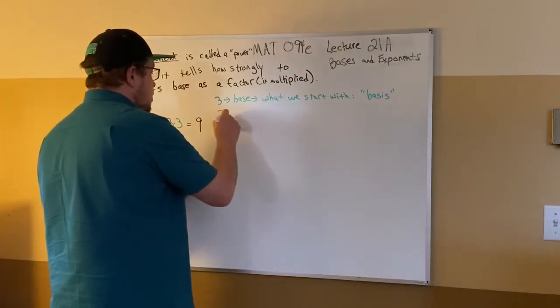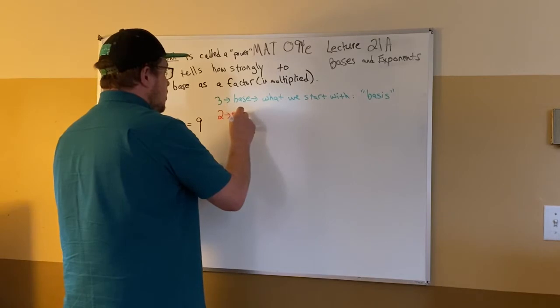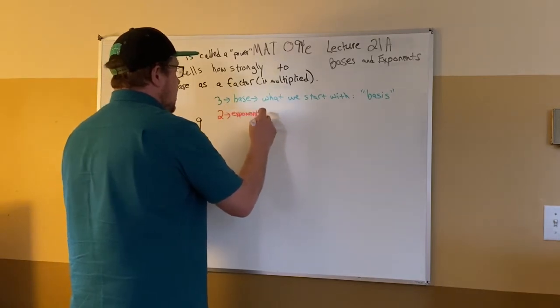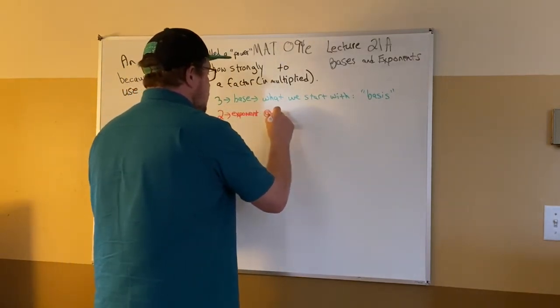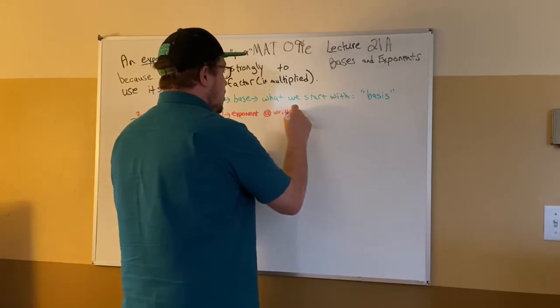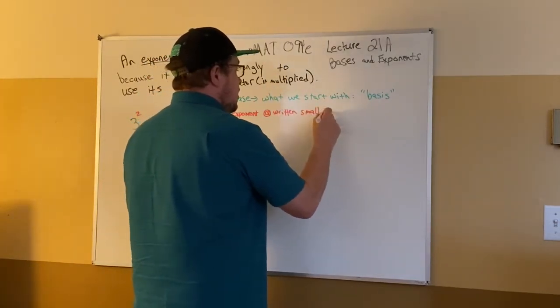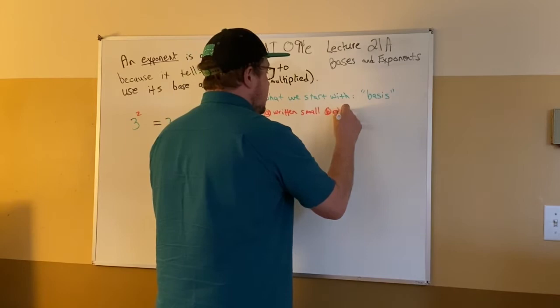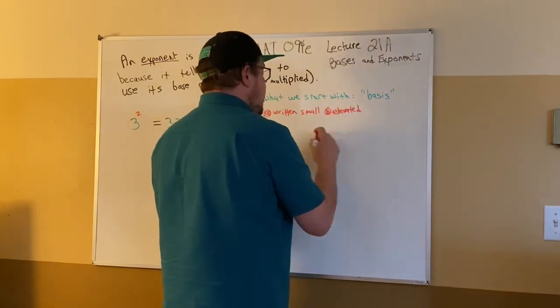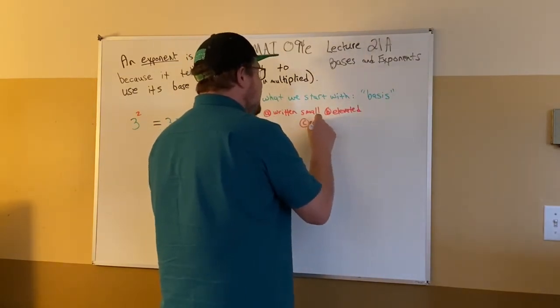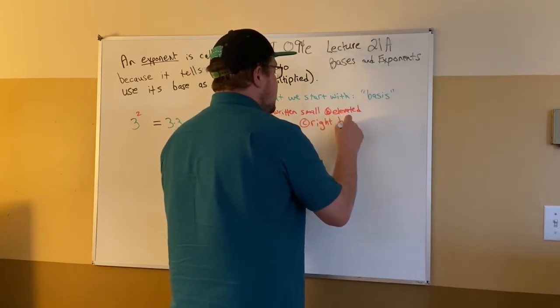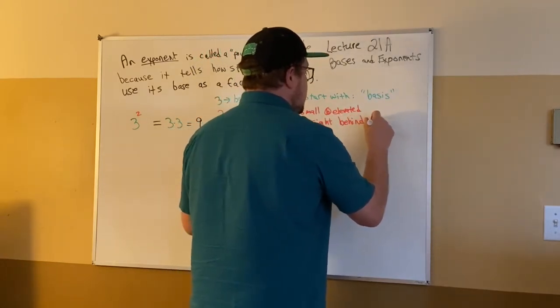2 is our exponent. And it has a couple features. It's written small, so it's a small sized writing. It's elevated. And very important here, it's right behind its base.